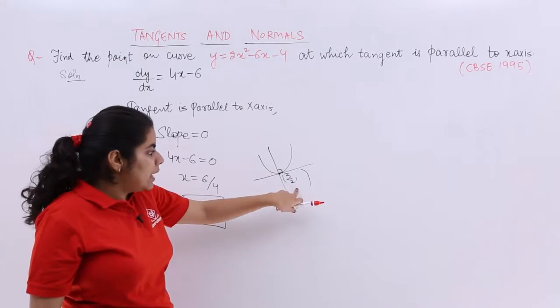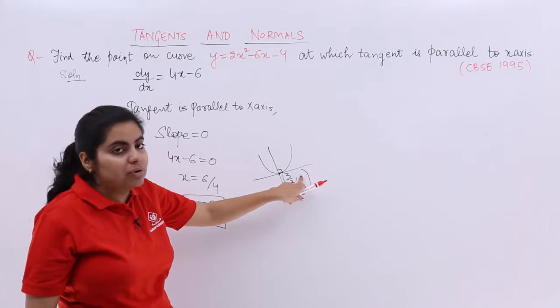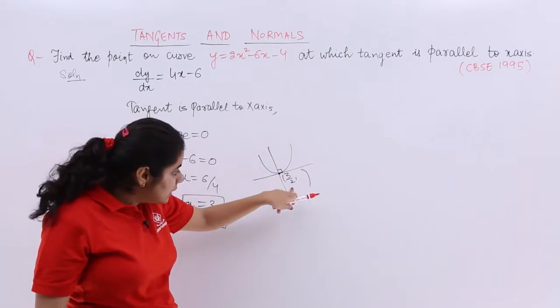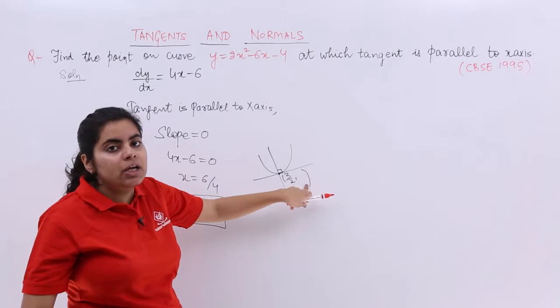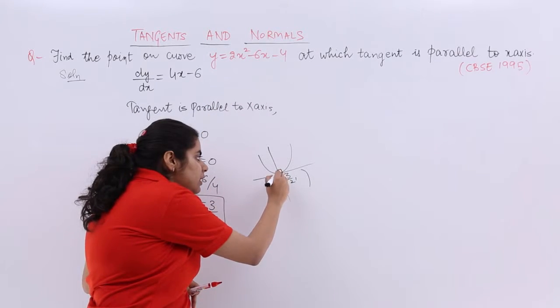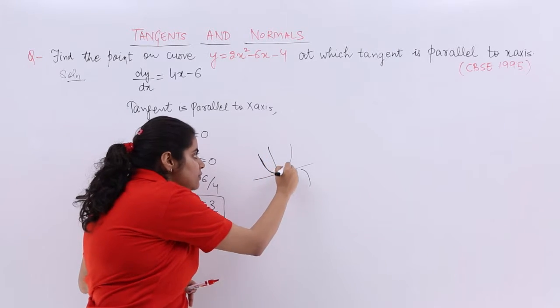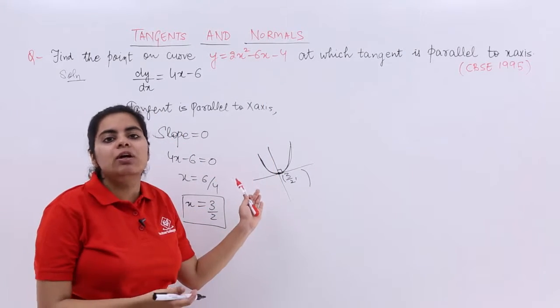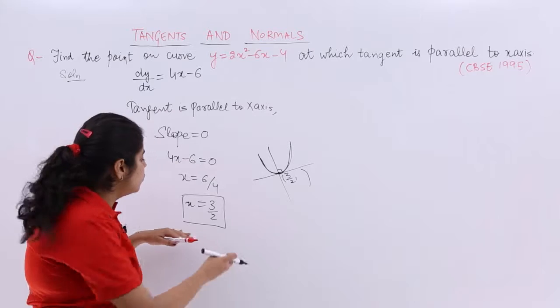Now 3 by 2 is there, how to find out the y coordinate? Definitely this point x, y should be lying on the curve, it should be satisfying the curve. This point will definitely satisfy this curve, right? So that is what we are going to do. We are going to use this knowledge.